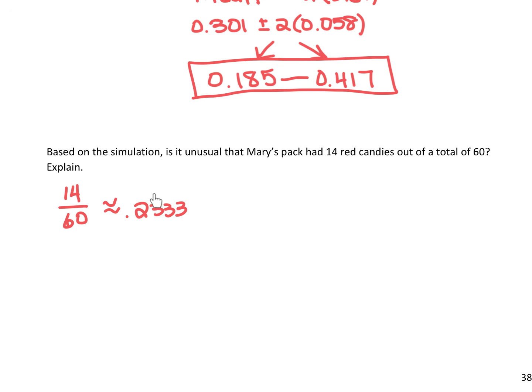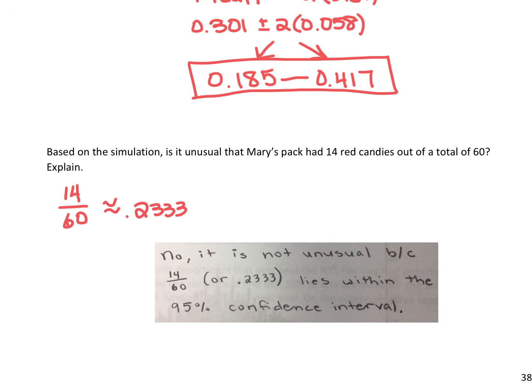So this is the percentage of candies in her pack that was red. All right, now look at this percentage. Does that lie within the 95% confidence interval? Yeah, it sure does. So if it lies within this confidence interval, it's considered a normal, expected, usual occurrence.